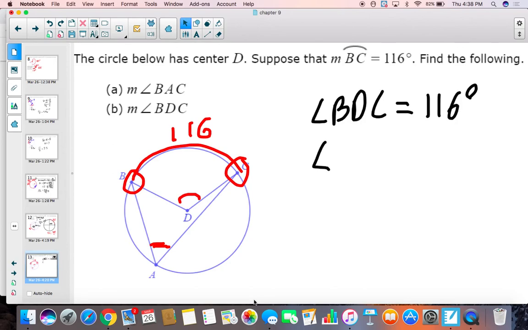And angle BAC, or our inscribed angle, is going to be 116 divided by 2. We take 116 divided by 2, we should get 58 degrees, I believe. And there you go.